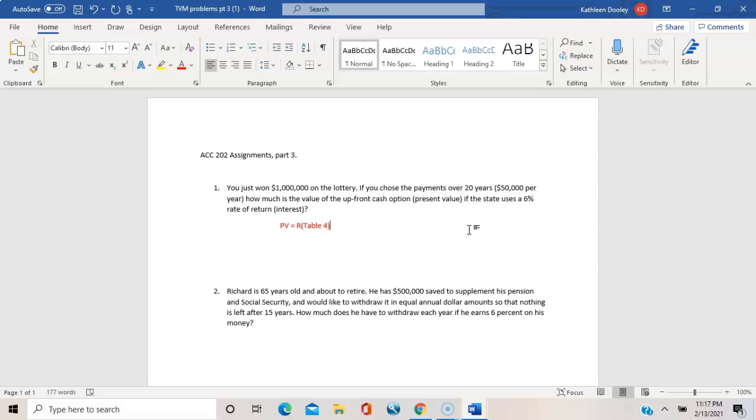The present value equals R, which is 50,000, times table 4.